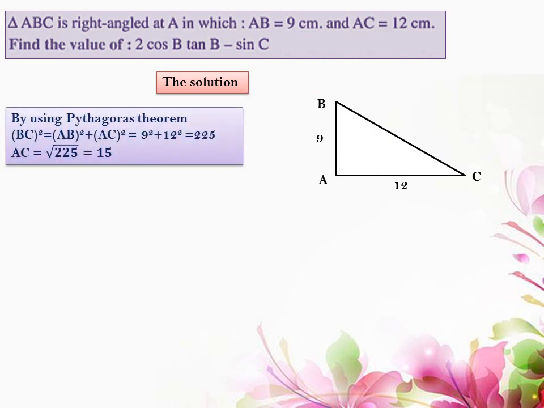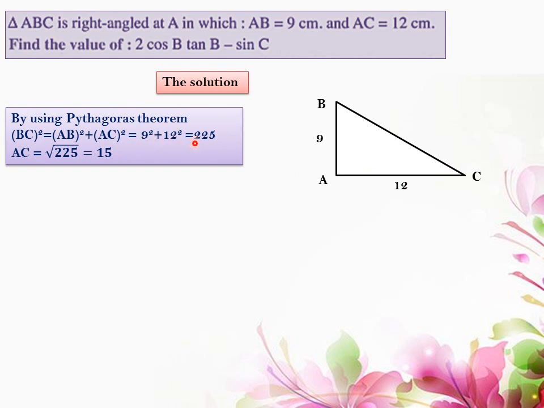By using Pythagoras theorem, AC equals 12, AB equals 9, but BC, the hypotenuse: BC squared equals AB squared plus AC squared, which is 9 power 2 plus 12 power 2.